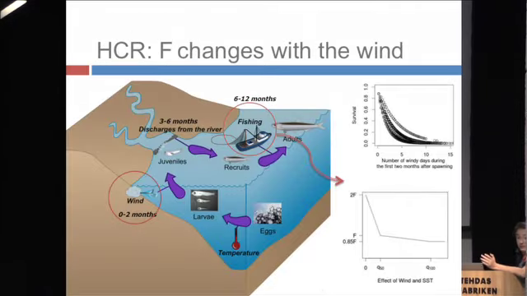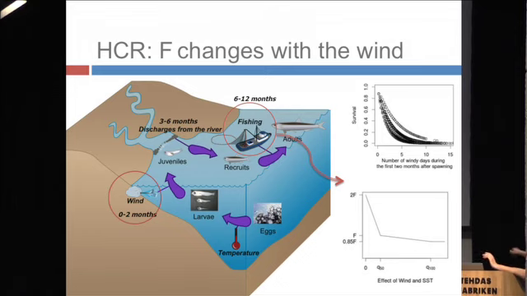And this is the thing that we did. The natural way F changes with the wind. As you can see, this is the same picture as you saw before, and this is the harvest control rule with the same shape as the survival function. How does it work?